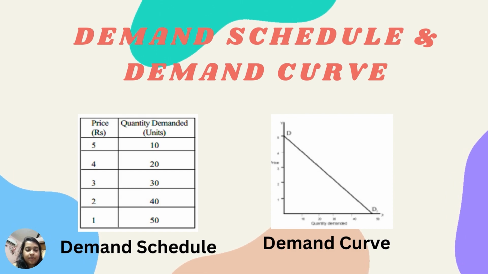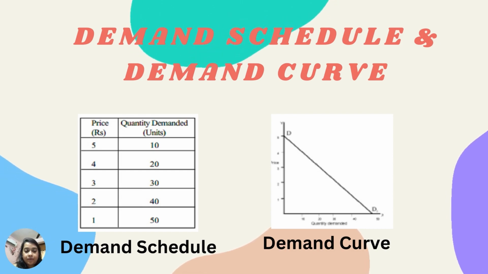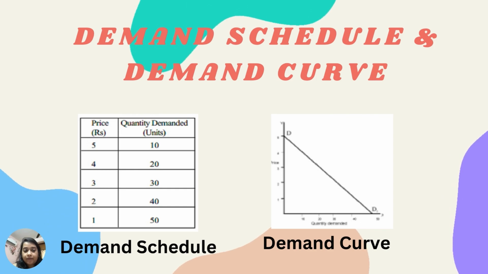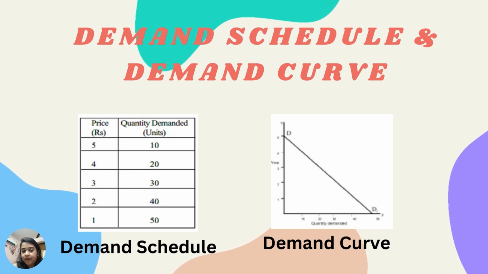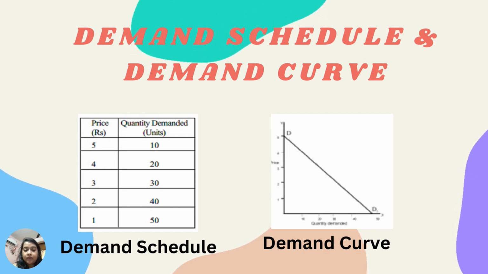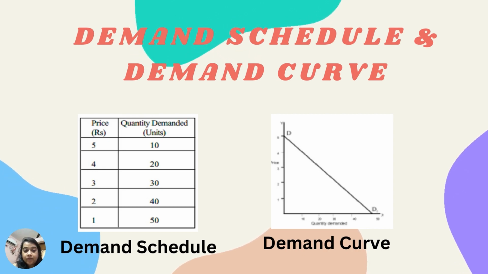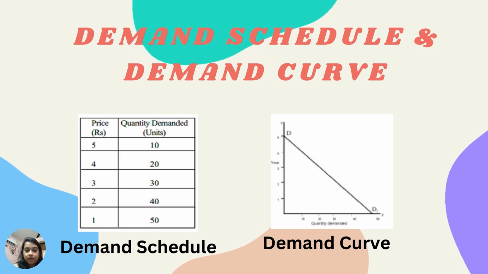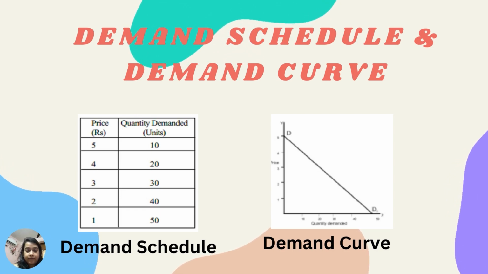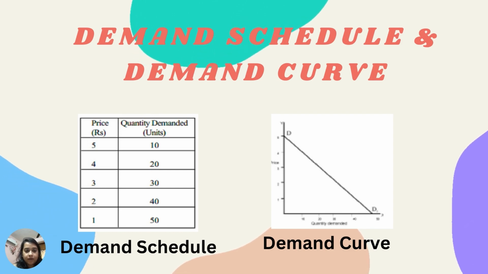So when the price reduces from 5, 4, 3 to 1, you see that the quantity demanded also increases from 10, 20, 30, 40, 50. Okay, since it is inversely related, only then do we get a downward sloping demand curve as shown in the right hand side figure. Okay, is it clear?